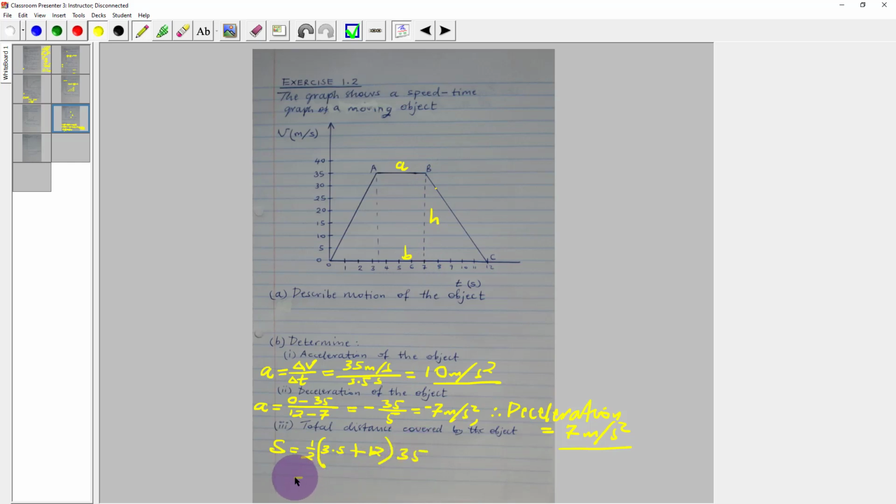You see, I'm using the equation. The area of a trapezium is a half A plus B, times the H, which is this. I should have written this equation first. That is how you would work out that. So I leave you to work out the solution to that.